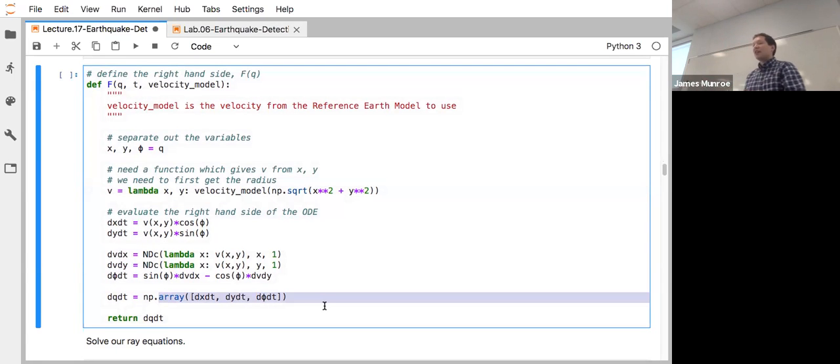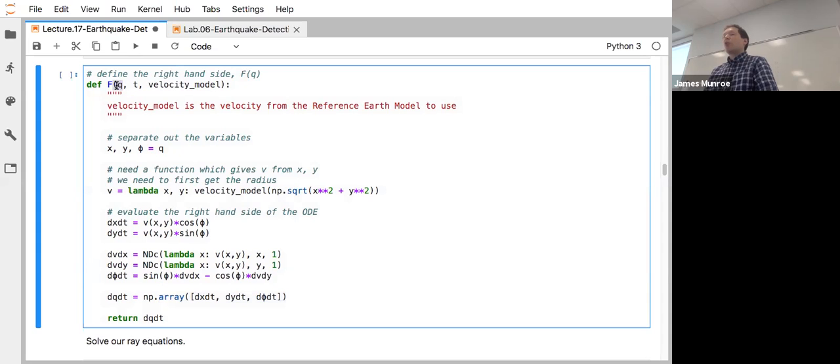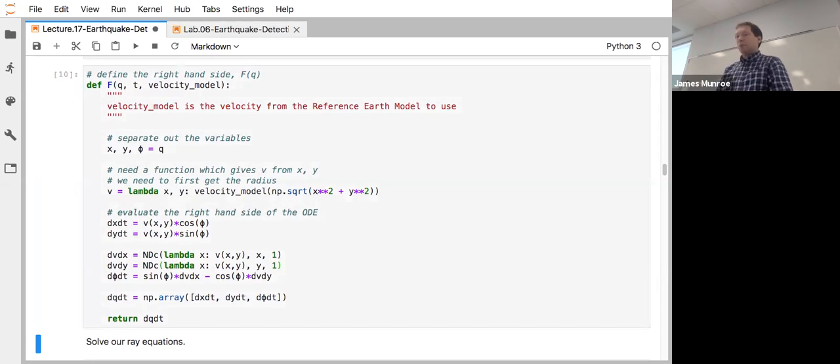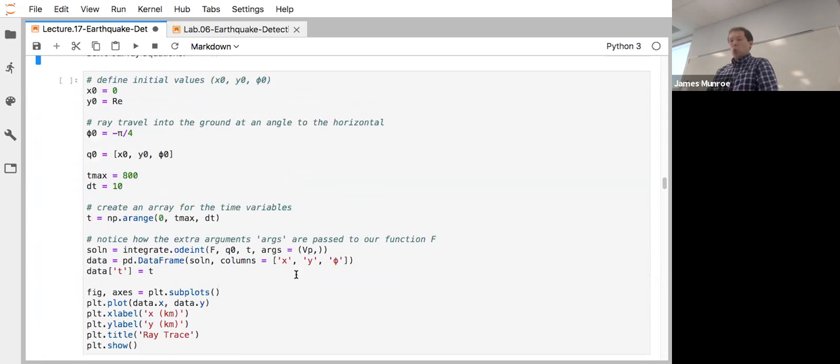So what this function does is it takes in the state, where the ray is, what its x coordinate is, its y coordinate, and the current direction it's headed, and calculates what the rate of change of that state is. This is the purpose of that function. It's the right-hand side. Once you define a right-hand side of a function and include some initial conditions, you can solve for the motion.